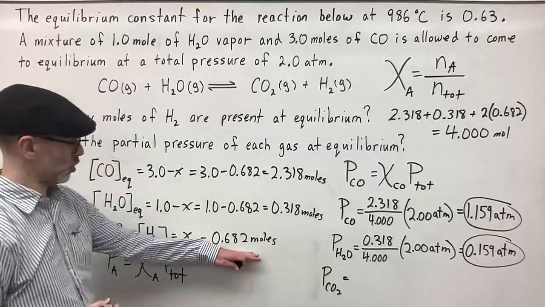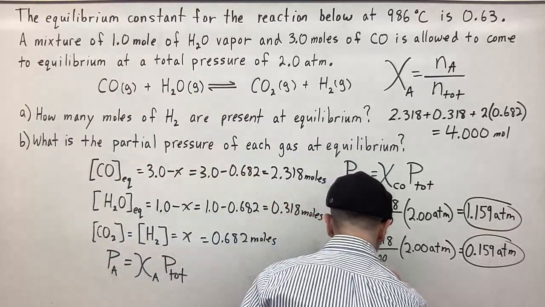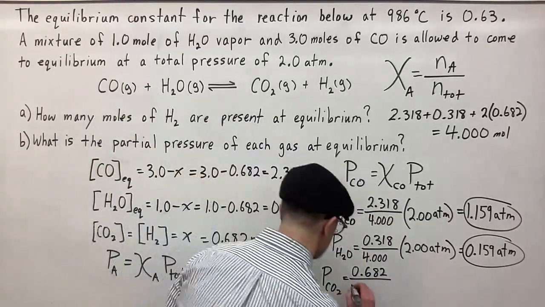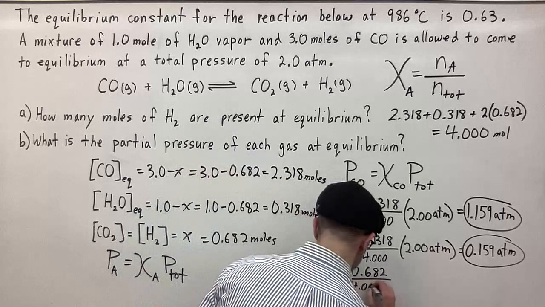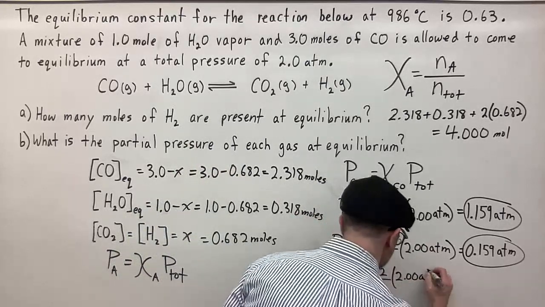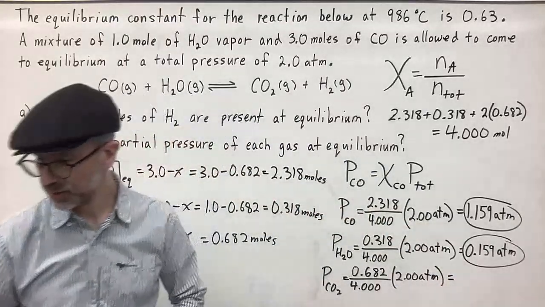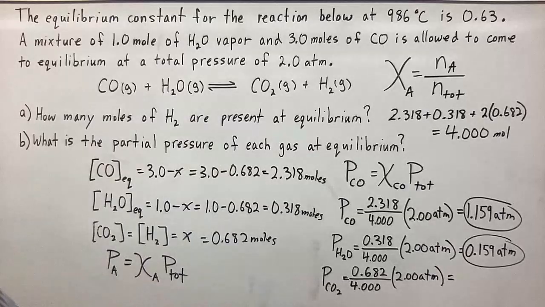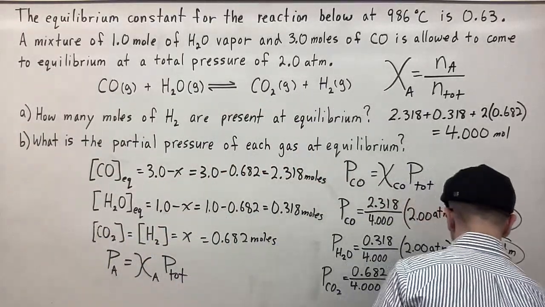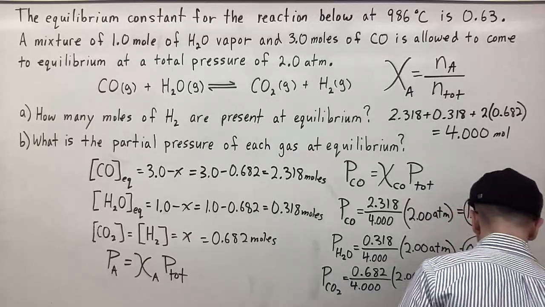So we're going to take the 0.682 moles divided by the total moles, which is 4.000, multiply that by 2.00 atmospheres, and you get 0.341 atmospheres.